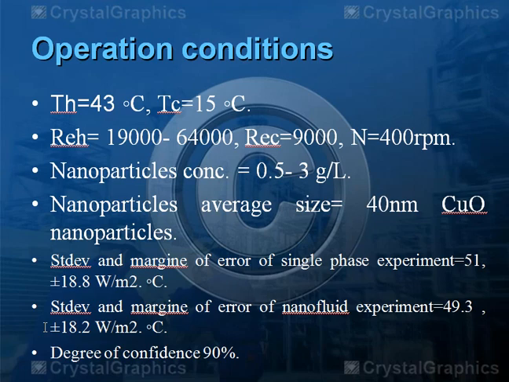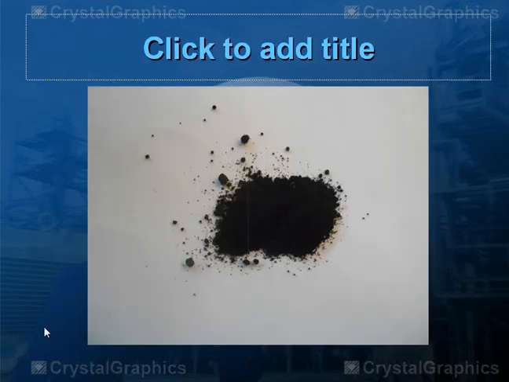For the nanoparticles case, it is the same or close to single phase. The degree of confidence level is about 90%. This is the picture of the powdered copper oxide particles used.